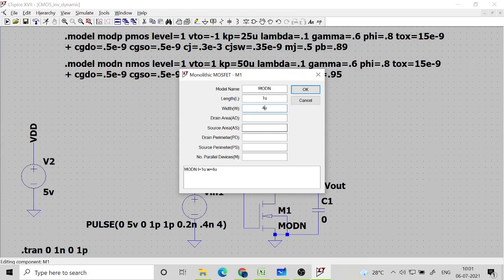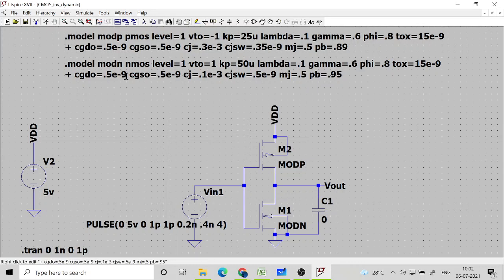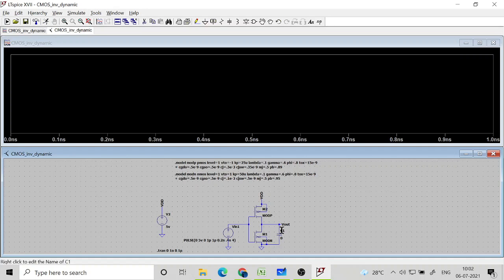Again it will be double. 4 and 8, that is also for keeping the condition for symmetry for charging and discharging. But now I have double the size of both, which means compared to the earlier value I have only half the resistance, but of course it will increase some capacitance. So let's see what is the result.